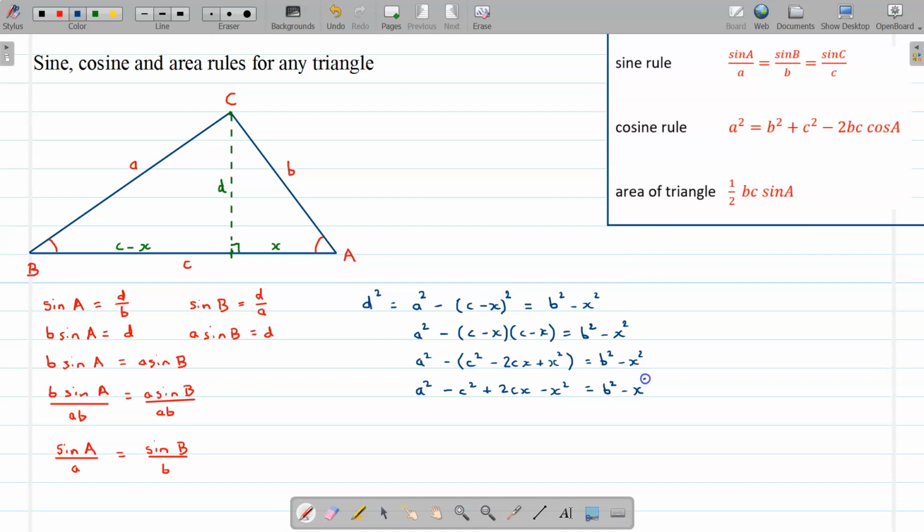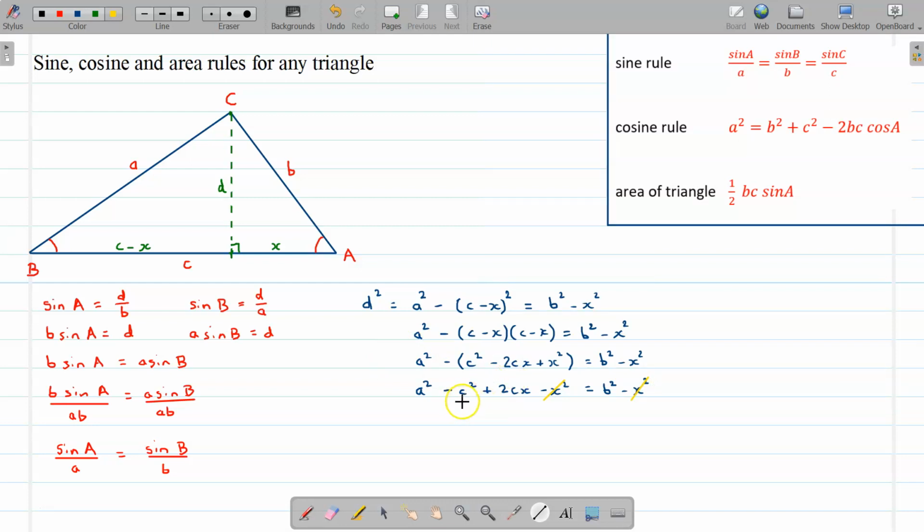Okay, now, because both sides contain an x squared, I can cancel them out because I've got a minus x squared on this side and a minus x squared on that side. So I'll just strike them through to show that I've recognised that they appear on both sides.